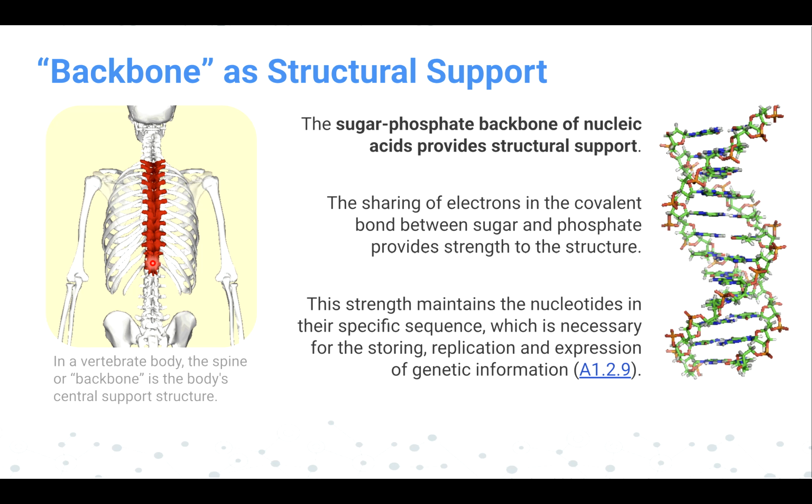The sharing of electrons in the covalent bond between the sugar and phosphate provides strength to the structure. This strength maintains the nucleotides in a specific orientation and sequence which is necessary for storing, replicating and expressing the genetic information of the DNA. That's why the backbone is very important.